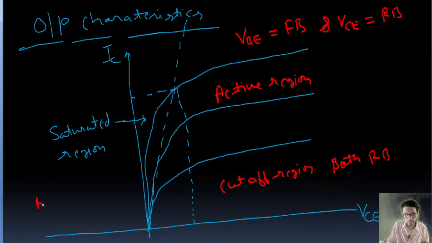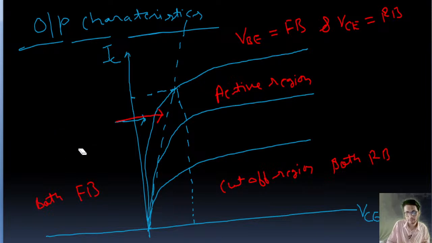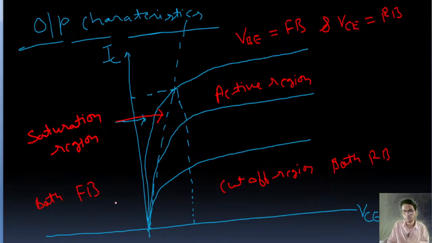And here both are forward biased, this is the saturation region, guys. This is the saturation region and both forward biased. This is the cutoff region, both reverse bias, and this is the active region.